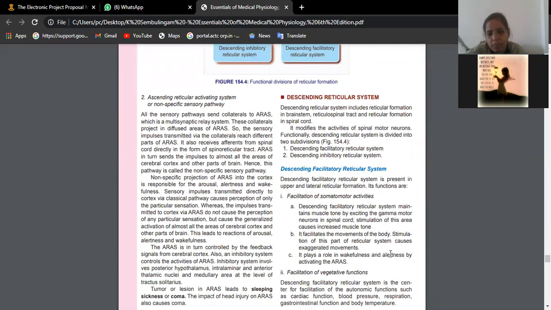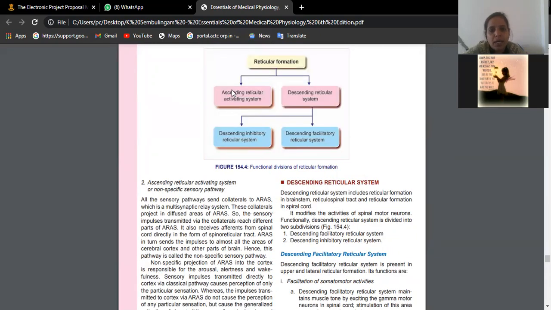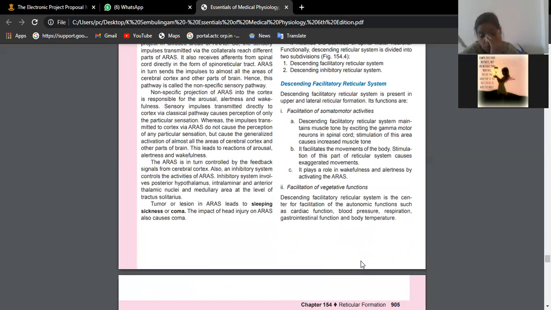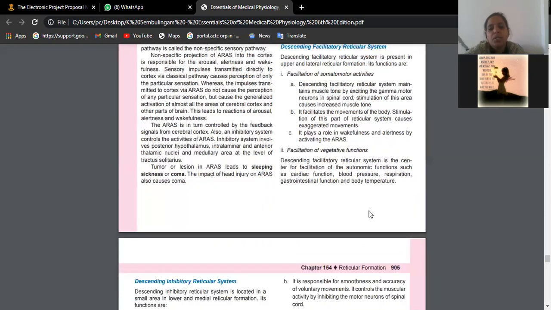It also plays a role in wakefulness and alertness. That means this facilitatory reticular system is almost like the ascending reticular activating system. It also controls autonomic functions like cardiac function, blood pressure, respiration, GIT function, and body temperature.